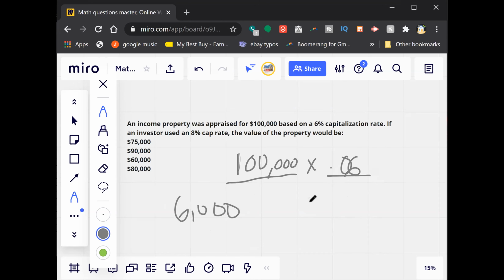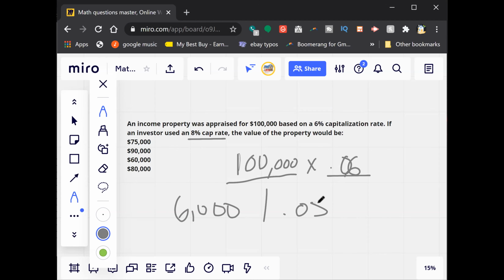So we have an income, okay? And then we want to divide it by something. What are we dividing it by? We're going to divide it by the new cap rate, the 0.08.